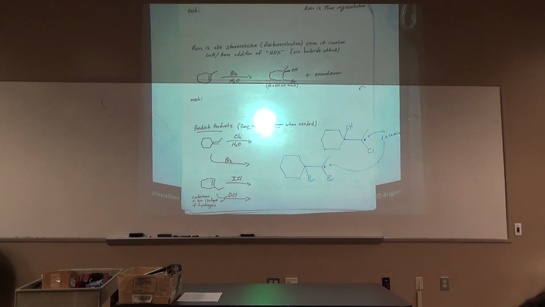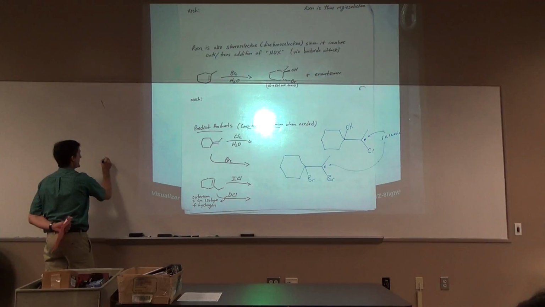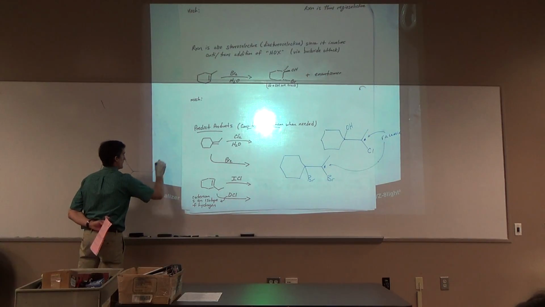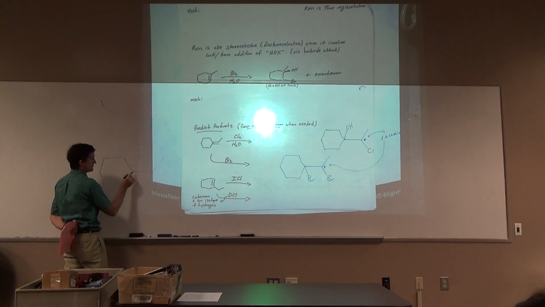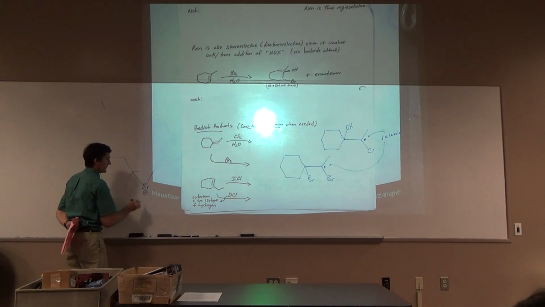Both of the bromines bonded, and there's no H2. Well, there's no water. The intermediate is the bromonium ion. Bromonium ion, if I draw it with no stereochemistry, it would be that there.